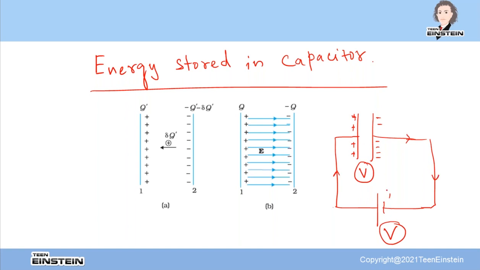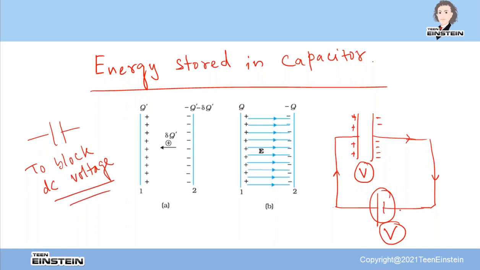This is DC voltage. Sometimes we see that capacitors are used to block DC current or DC voltage. How does that happen? Let me explain here. Blocking DC current means what?